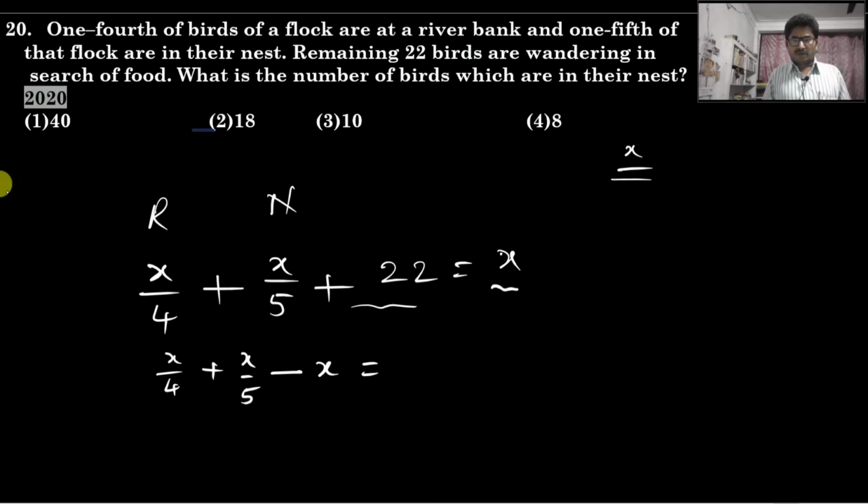This plus quantity becomes minus quantity, this is minus 22. Taking LCM, 20.